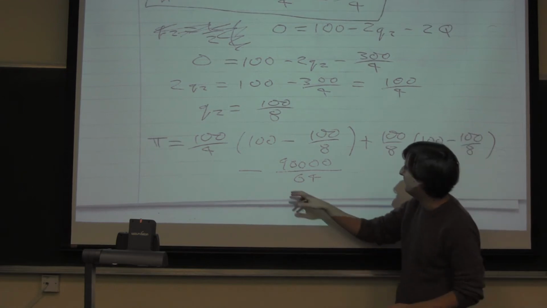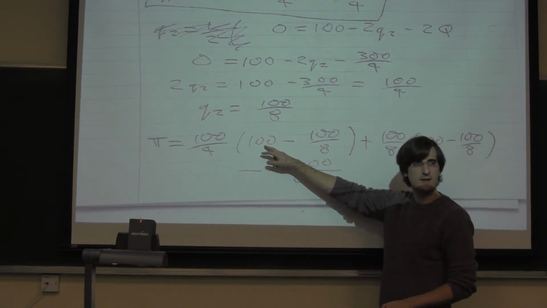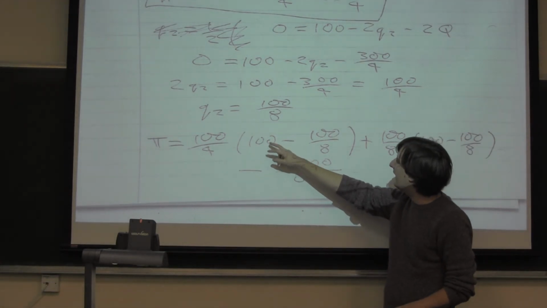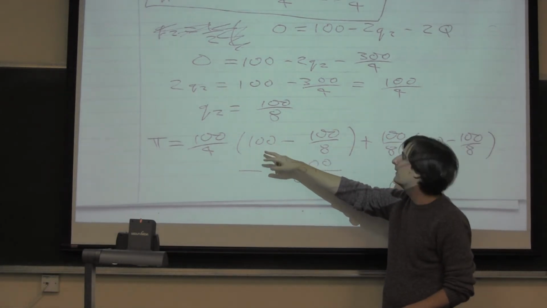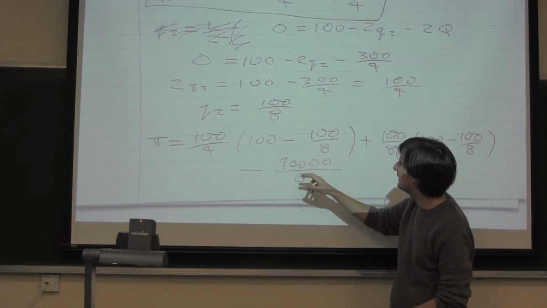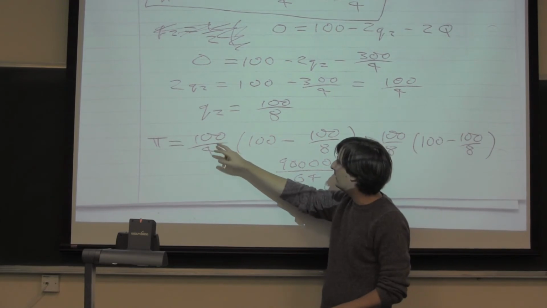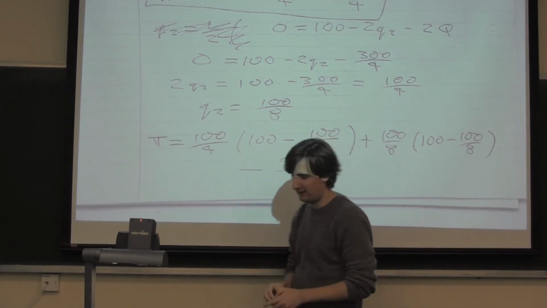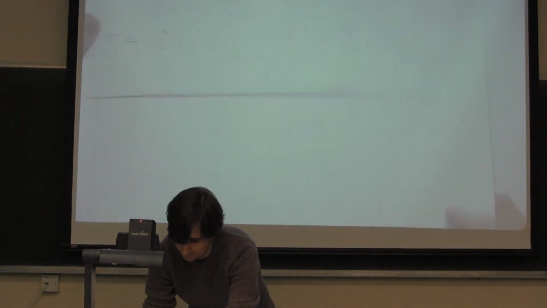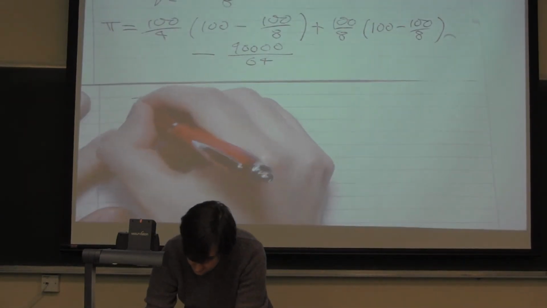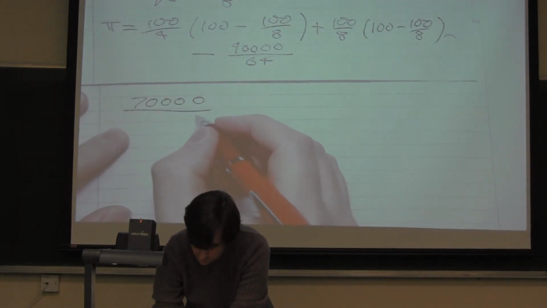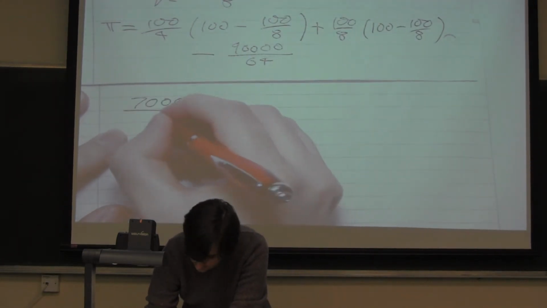And then you've just got to simplify this. 100 you can think of as 800 over 8. So 800 over 8 minus 100 over 8 is 700 over 8. So this is 100 times 700, which is 70000, divided by 4 times 8, which is 32.